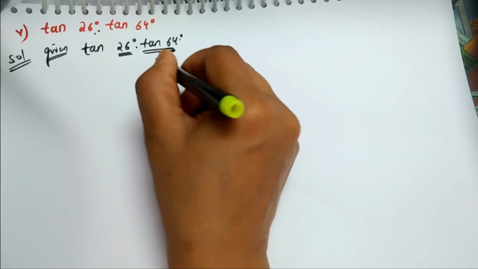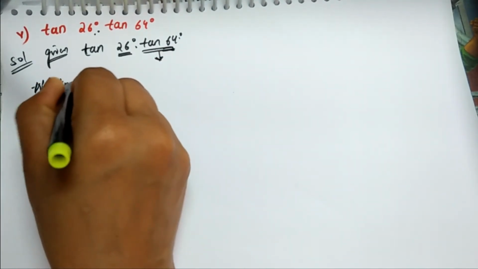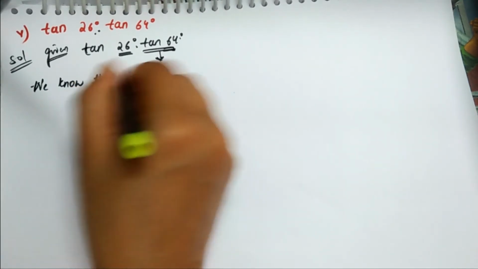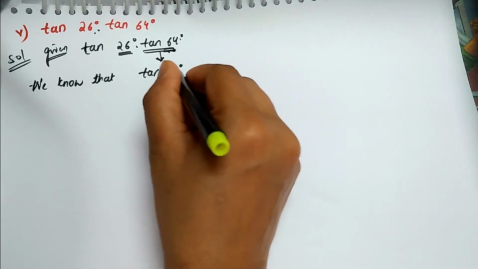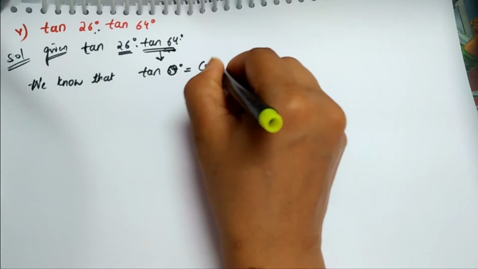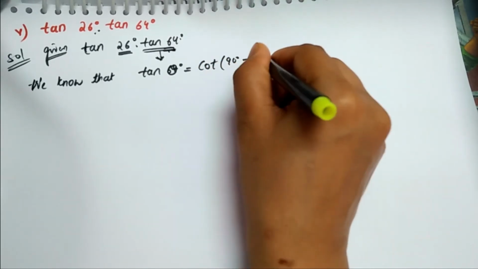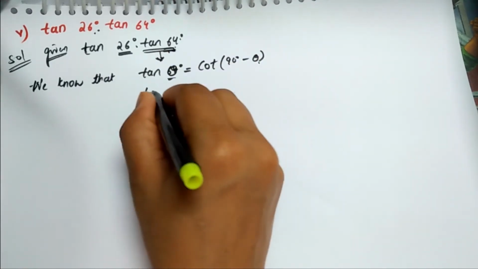Here it is tan 64, so let's put tan 64 degrees. We know that tan theta is nothing but cot of 90 degrees minus theta, right? What is theta here? It is 64.